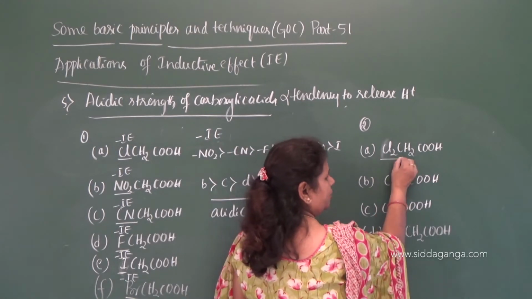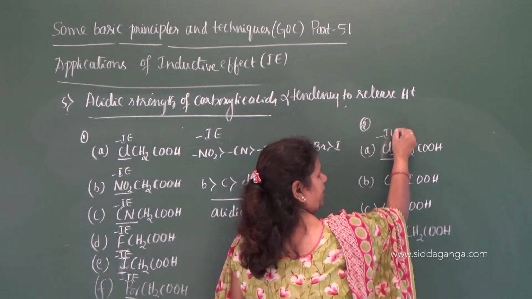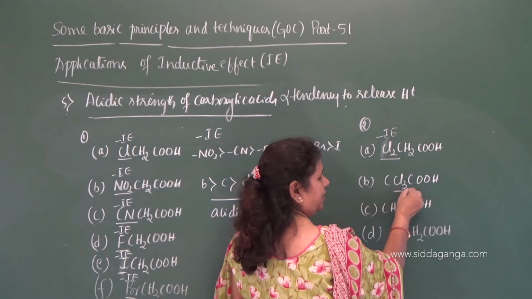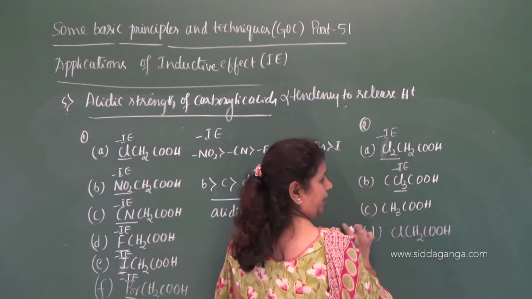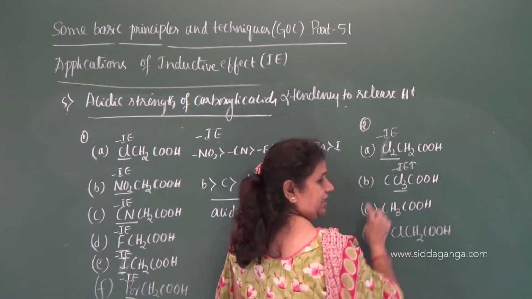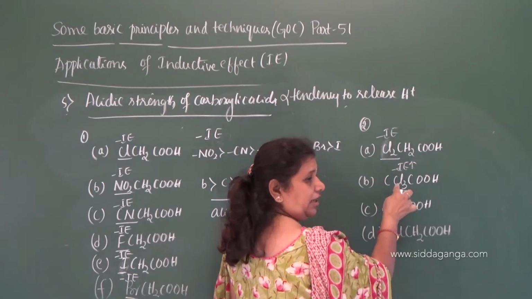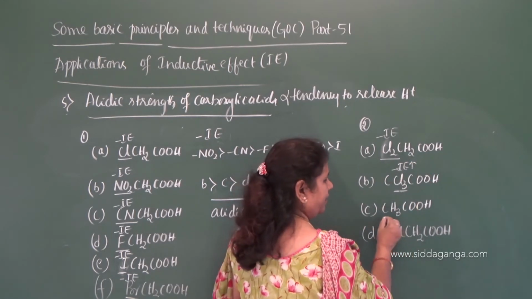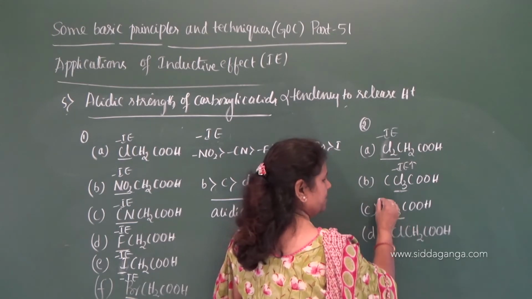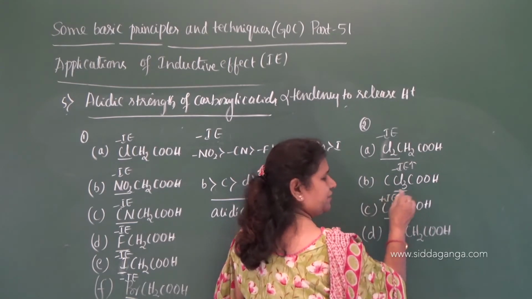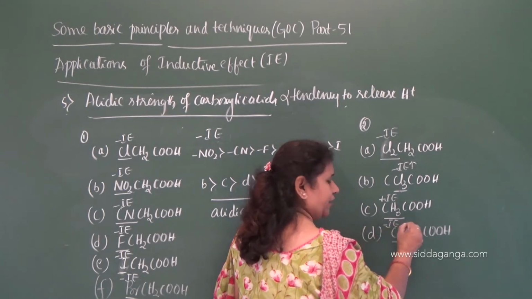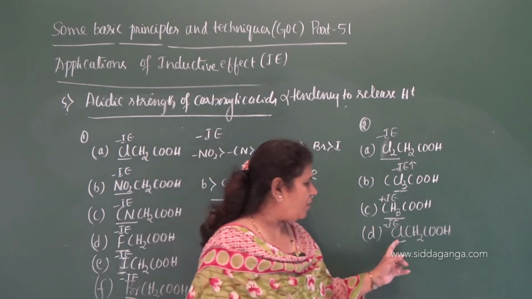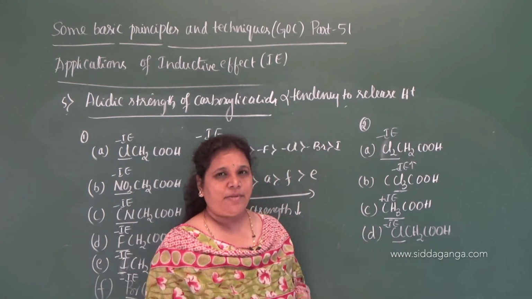Two chlorine atoms are attached. It exerts minus I effect. Three chlorine atoms are attached. It exerts negative inductive effect, but it is more because three electron withdrawing groups are there. Here only a methyl group is there. It exerts positive inductive effect, and this exerts minus I effect. So here one chlorine atom, lesser minus I effect.